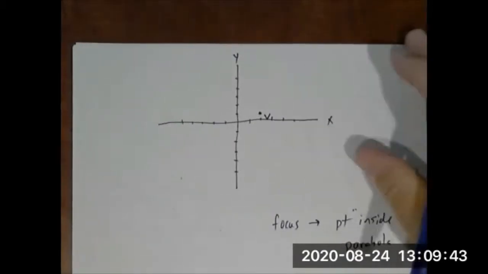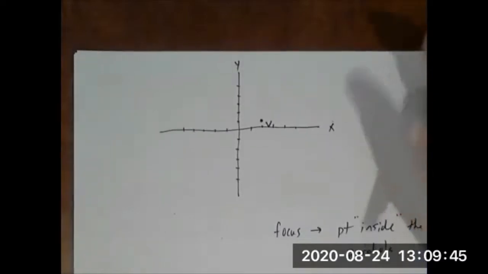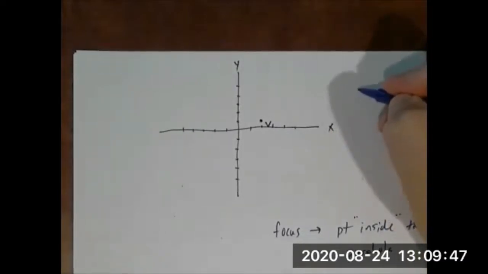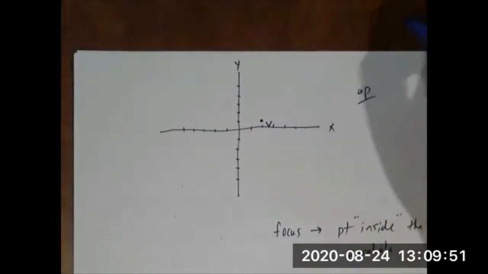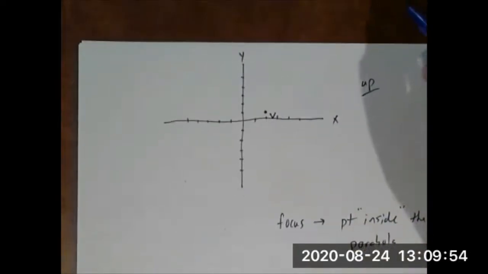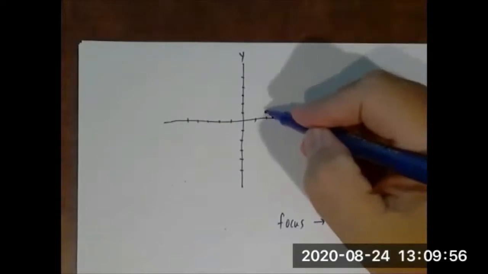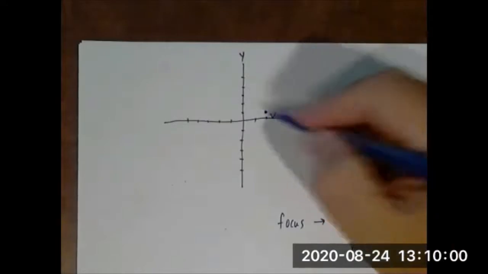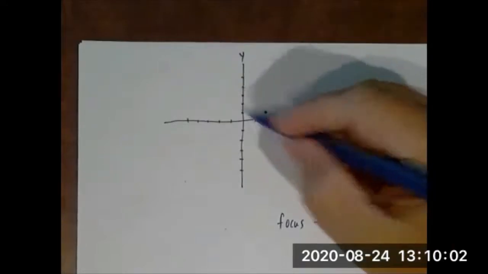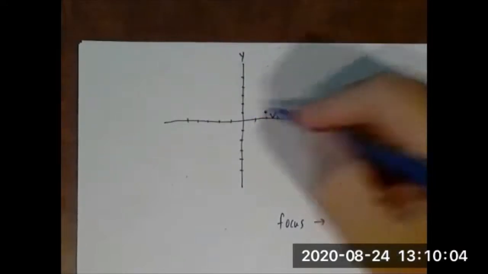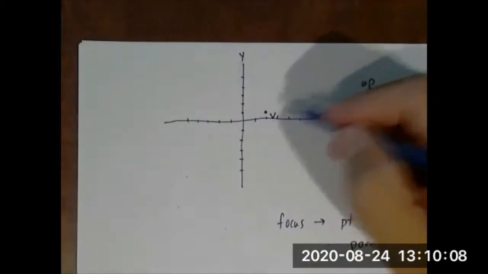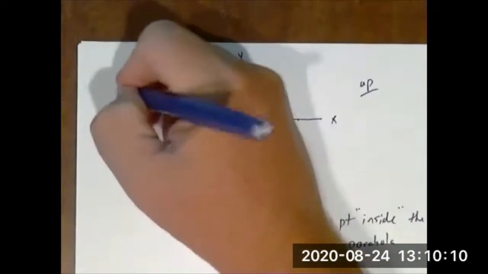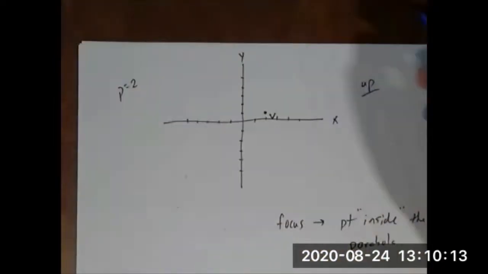So how do we determine what the focus is? Well, it's very simple. Because I know my specific problem is an up parabola, I go from the vertex and move up, because I know the focus is inside the parabola. Since this is an up parabola, I move up an amount P. We determined on the previous page that P is 2.